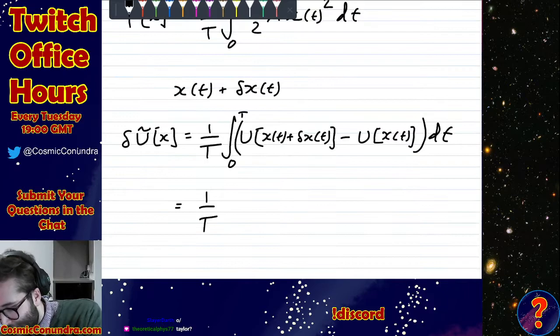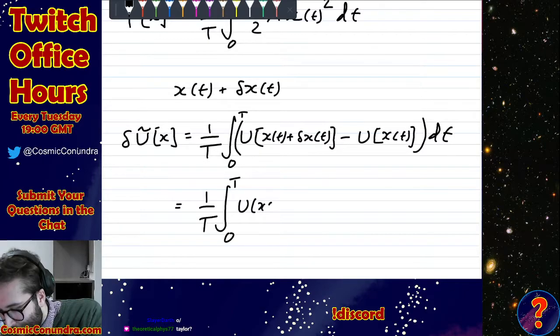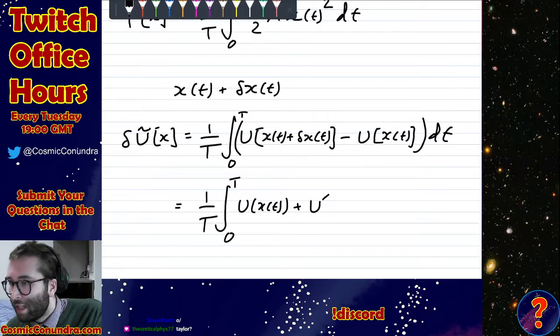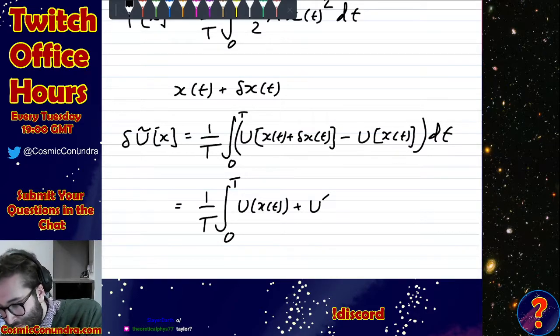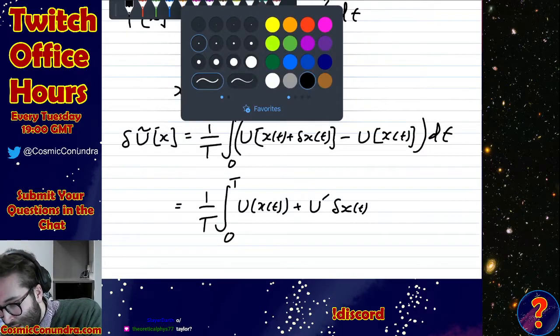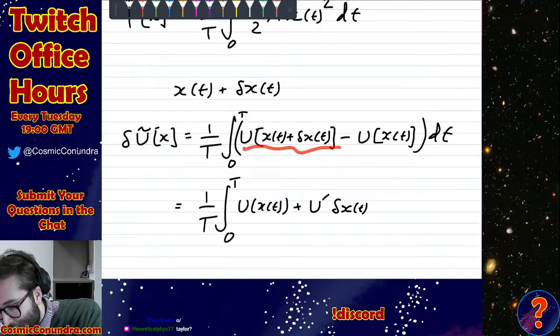It doesn't really matter how we treat it. So this will become V of x(t) plus V differentiated with respect to x times delta x(t). So that is what this term becomes, doing the Taylor expansion on it.